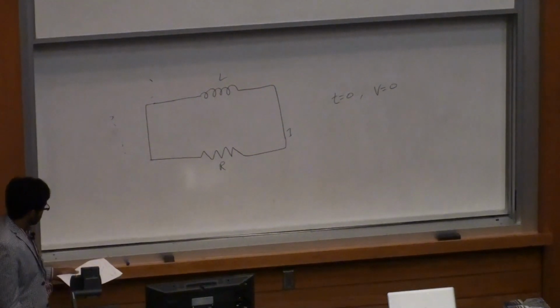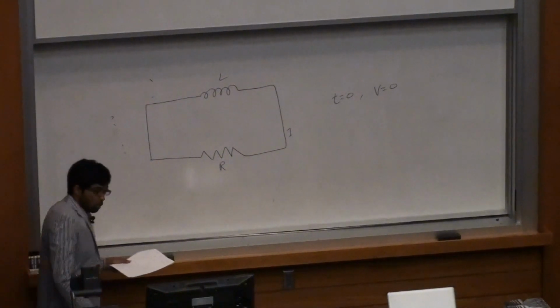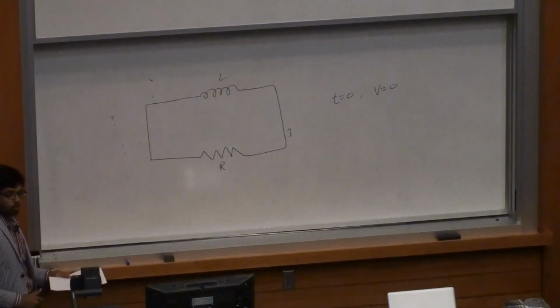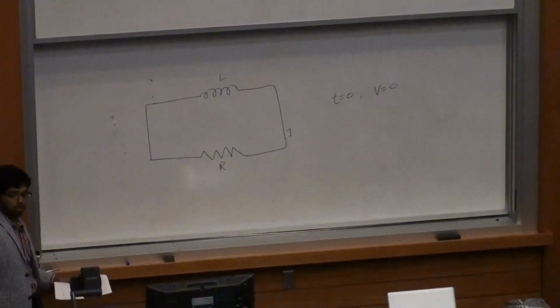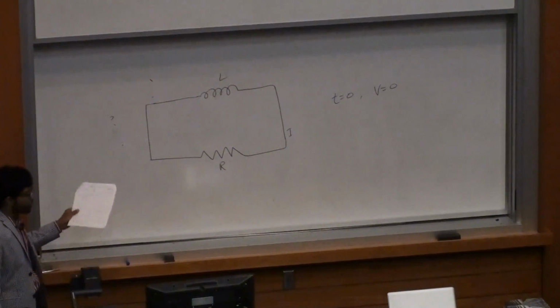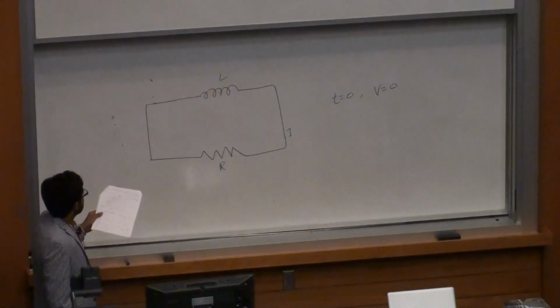So you expect the current to not go down right away. Before, when we weren't looking at inductance, if you took a power supply out of the circuit, you'd have no current because you have no EMF. But now you have inductance, so even if you take the power supply out, you still have a certain amount of current.